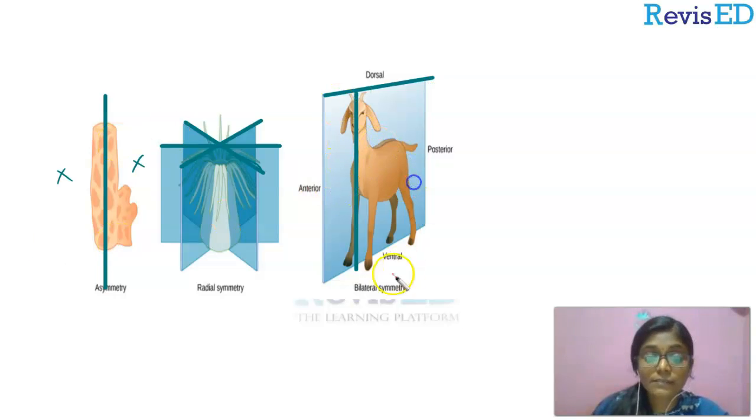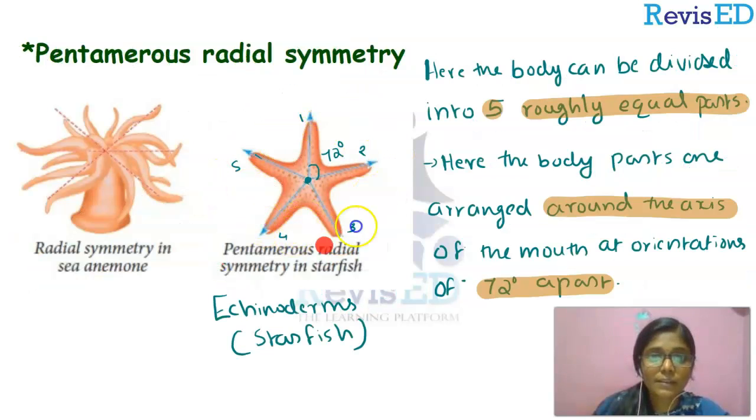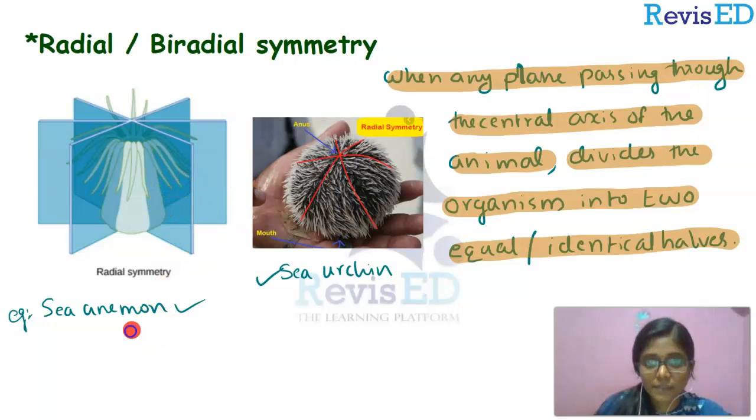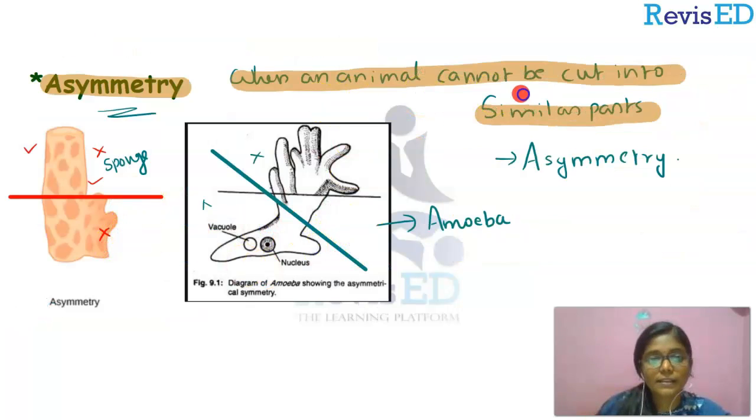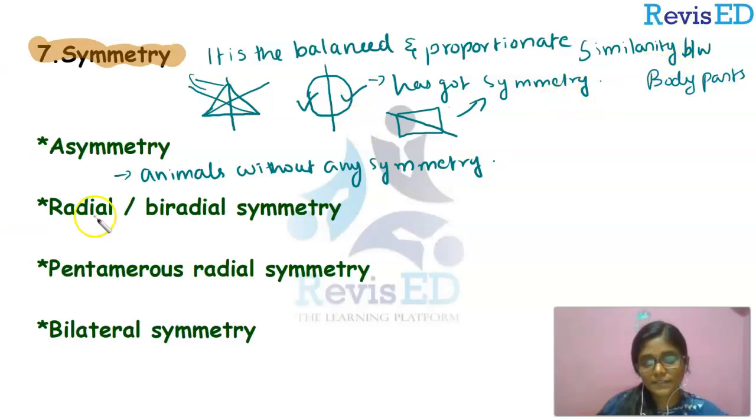And the last one is a bilaterally symmetric animal, and we get mirror images of the 2 equal parts, like the left and right parts. The special thing here is the pentamerous radial symmetry in starfishes, and you have to remember all these points: asymmetric animals, biradially symmetric animals, pentamerously symmetric animals, and the last, bilaterally symmetric animals.